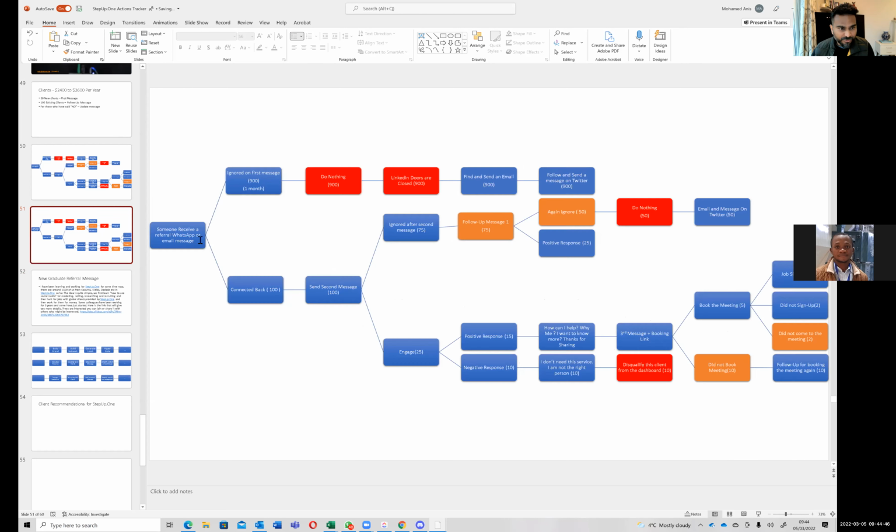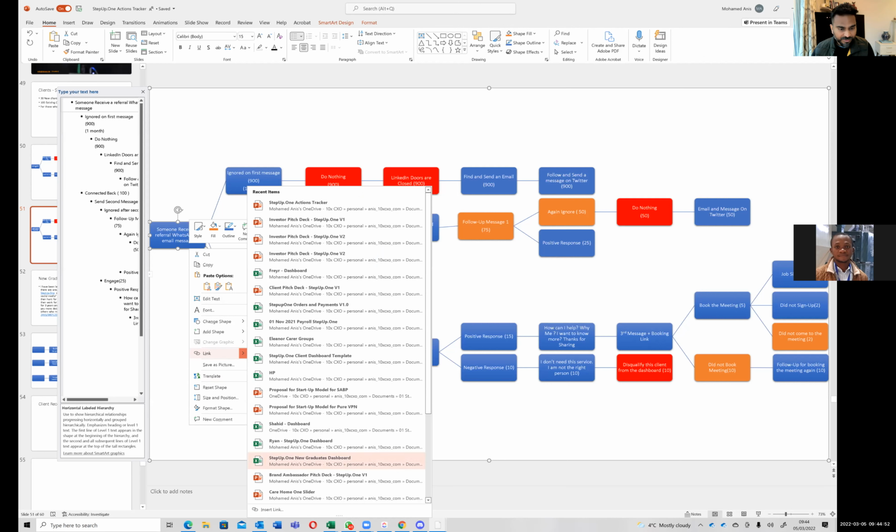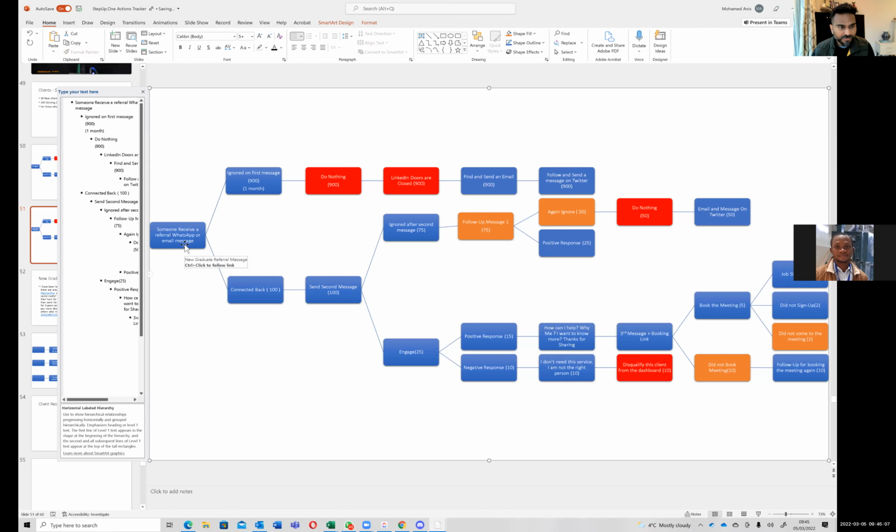And when does he need to do it? When somebody clicks on this, they need to do this, right? Insert link, place in this document. Yeah, this one. Okay, so someone receives it, and then what can he do?